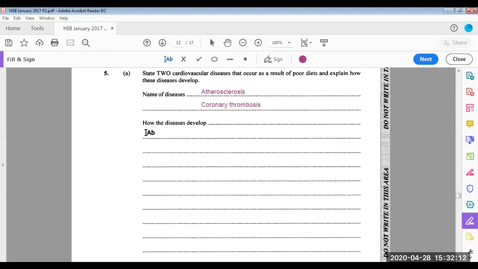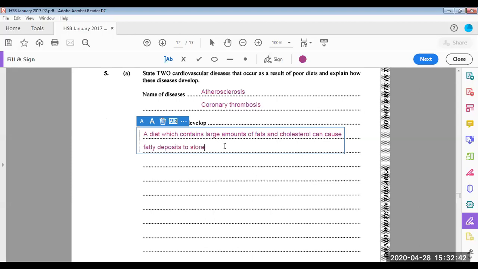How did the disease develop? All right, so let's start off with a meal. A diet which contains large amounts of fat and cholesterol can cause fatty deposits to store in the walls of arteries.